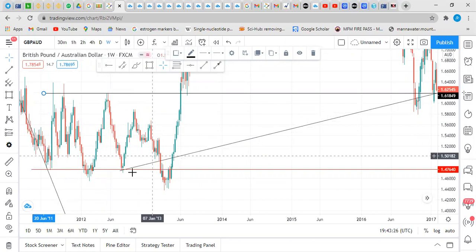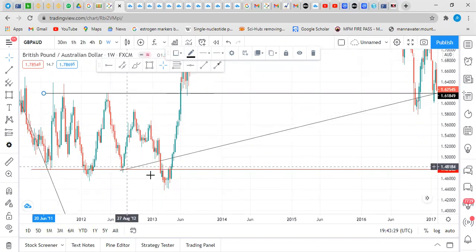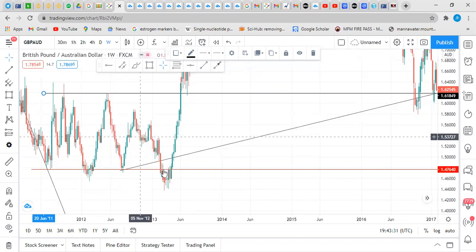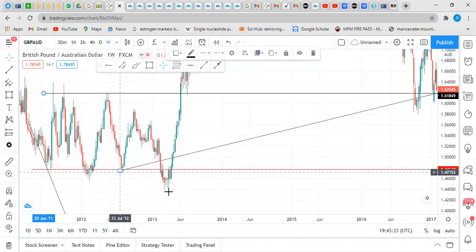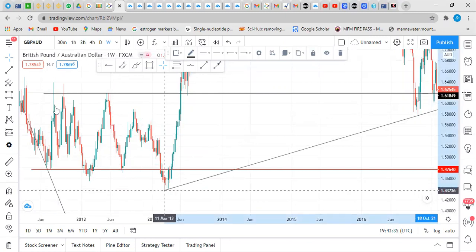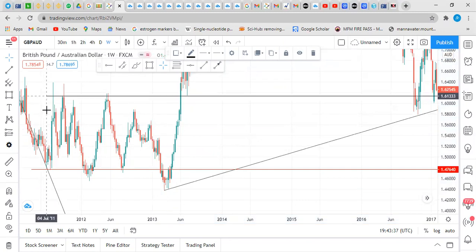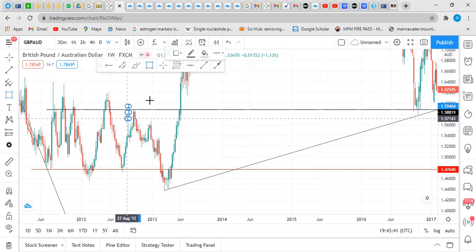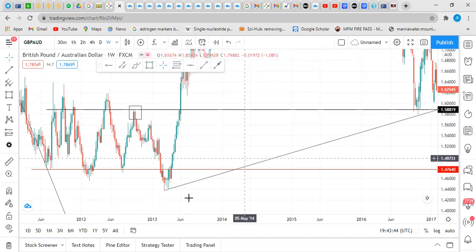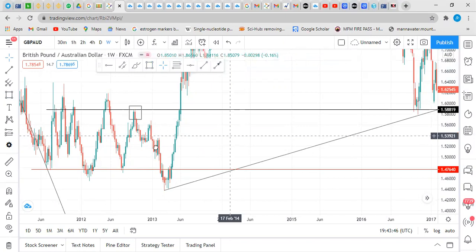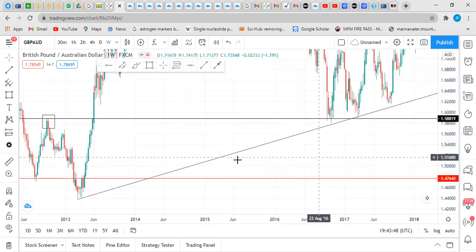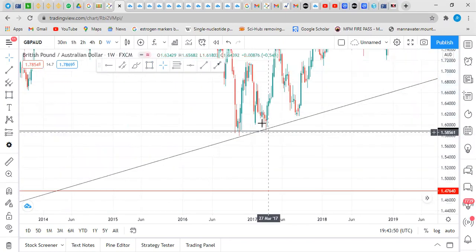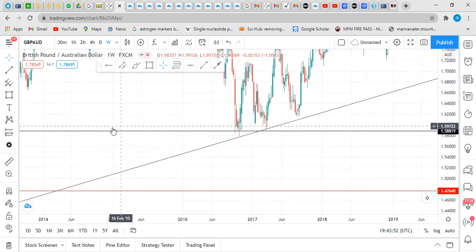So if I'm considering this, then that means I'm choosing this as my high, and if I'm taking this as my low, then that means I'll consider this point as my high. That means the new support has to be above this point. So that is why I'm considering this point, because this support is above the resistance.